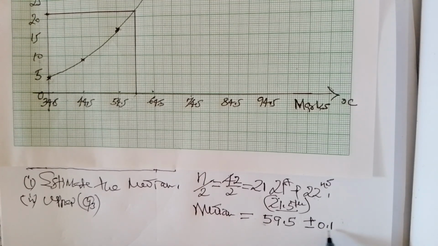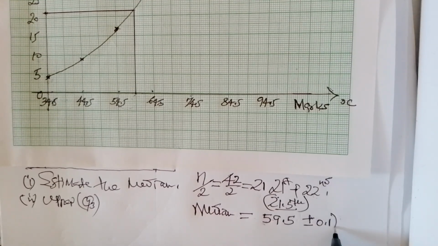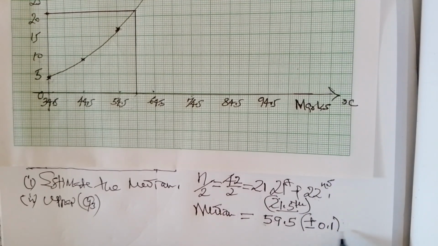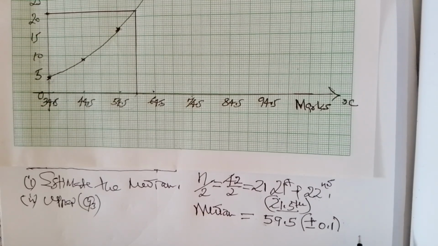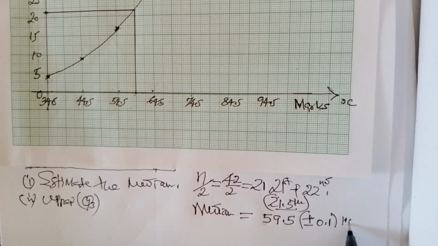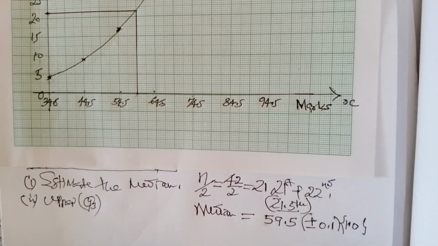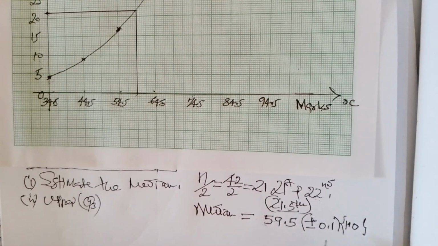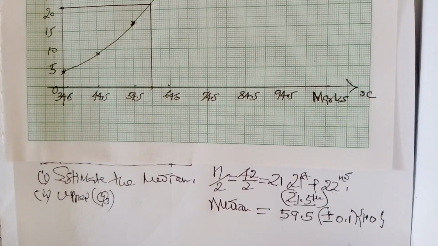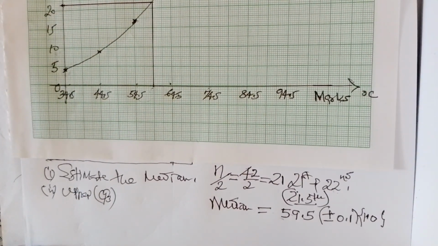So in this particular case, 0.1 cannot actually be very feasible, but plus or minus 1.0, not 0.1 in this particular case.